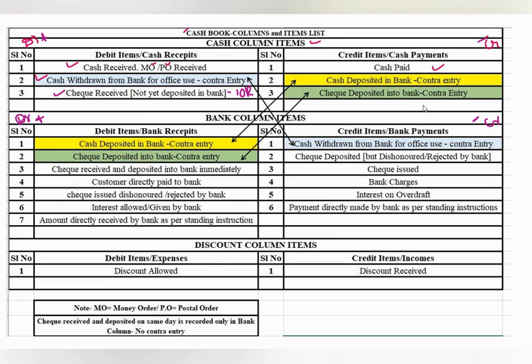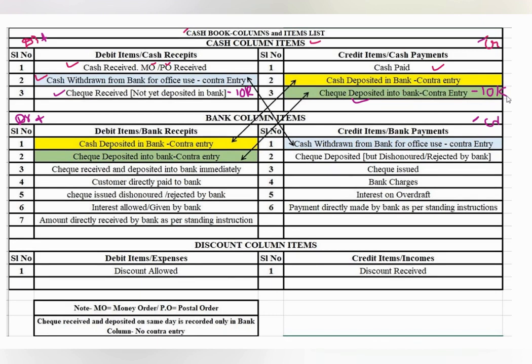If the check is not transferred, but after 2 days, like I said, on 30th, the check is deposited into the bank. Now, a check worth 10,000 rupees is deposited into the bank.